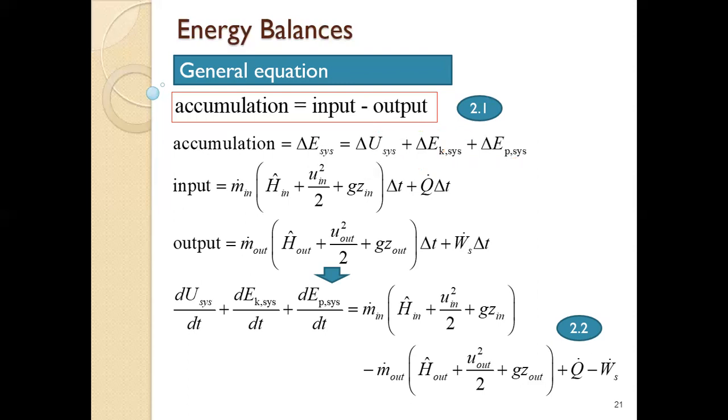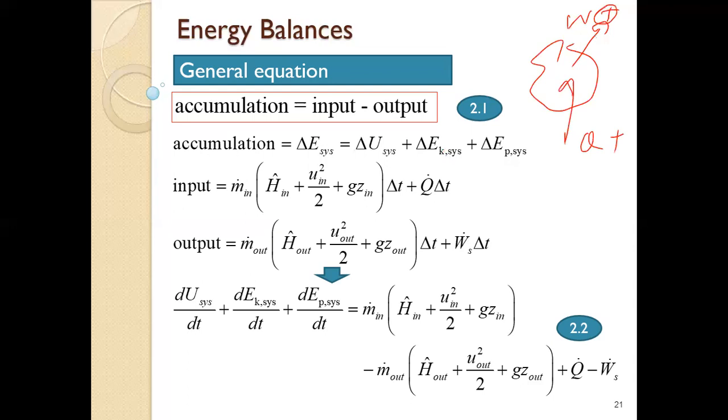And then the input term. For this class, we take input as positive. For the system, input Q is positive and outlet work is positive.